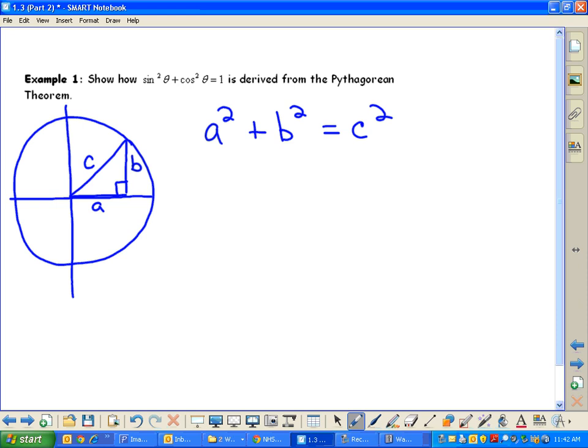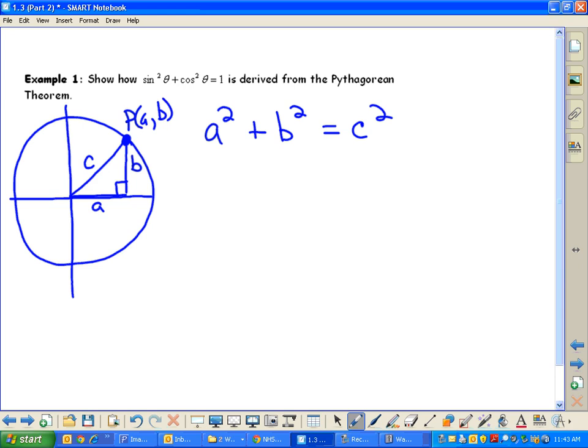It's not very nice. What I notice now is that my right triangle hits a point on the circle. Call it point P. And to get to that point P, I traveled across a distance of A and up a distance of B.